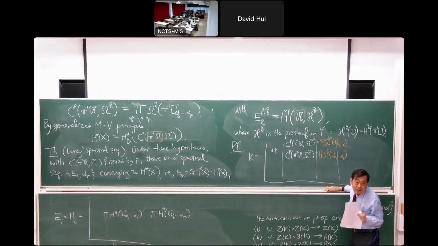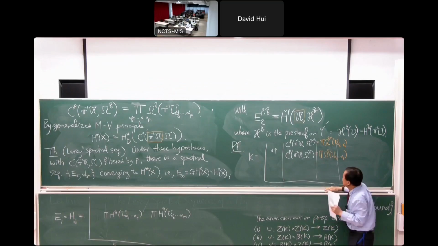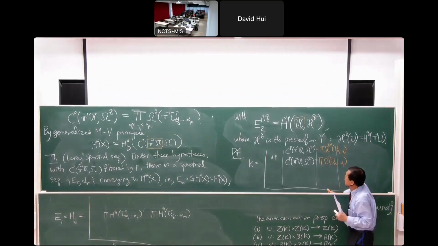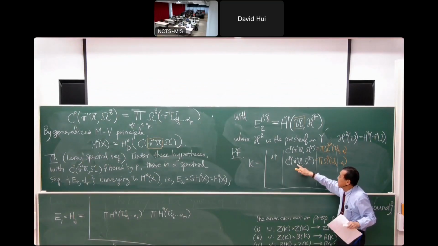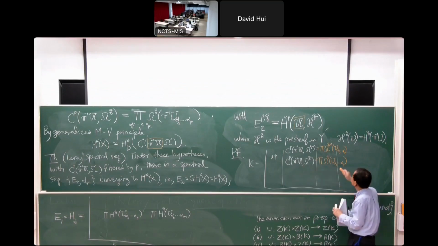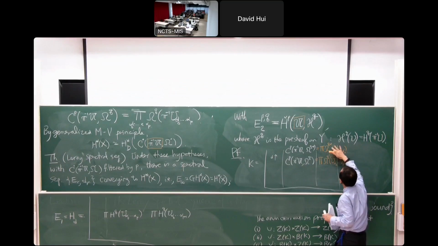Normally, you would point out typos to me, but today I'm pointing out typos to myself, because this is the inverse open cover. The open set should be pi inverse, right?